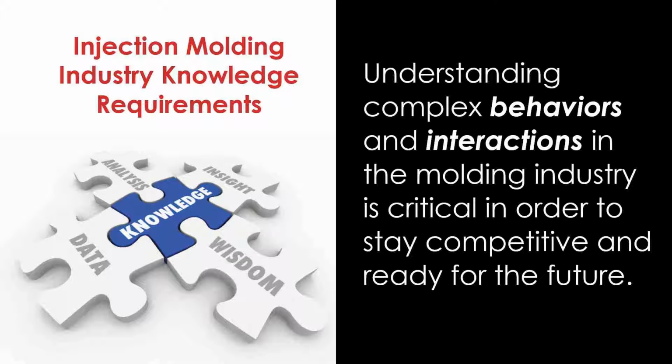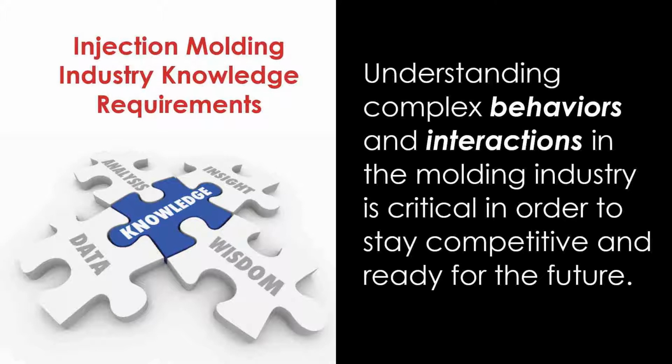If you understand the interactive behavior in injection molding, what I mean is that when you design a part, you really need to optimize the design in combination with the plastic. A design for a polycarbonate part will be different than for a polypropylene part, a PEEK part or a nylon part. It's definitely going to be different.